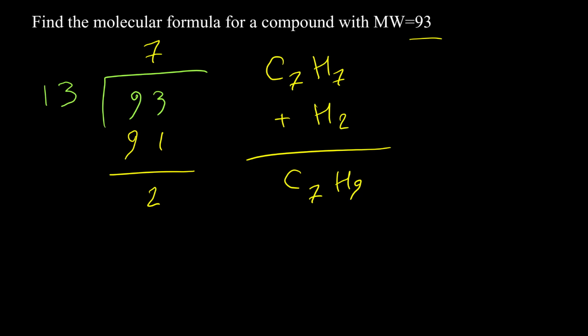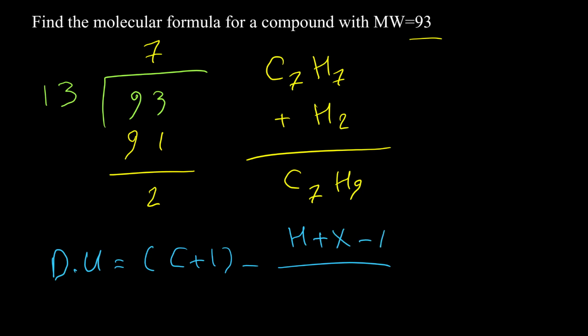If we calculate the degree of unsaturation for this compound, this is the formula: carbon plus 1, minus the number of hydrogen plus halogens, minus nitrogen, divided by 2. If we calculate here, we have 7 for carbon, then for hydrogen we have 9 by 2.